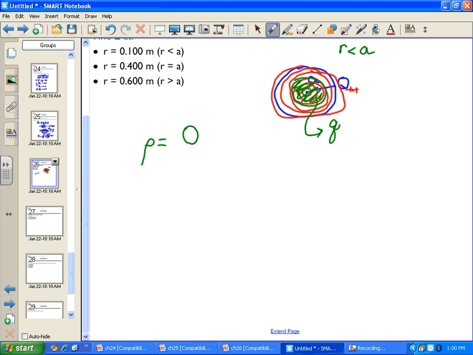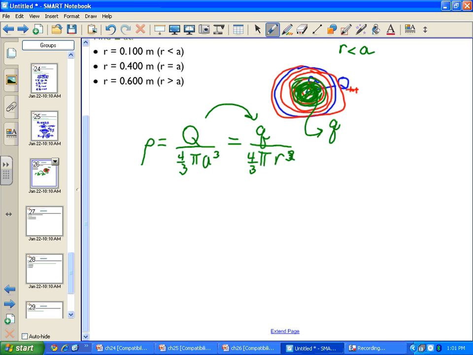What that means is that the ratio of the total charge over the total volume is constant. Well, if this is constant, that means that the total charge over the total volume equals a smaller quantity of charge over a smaller volume, in fact the volume of our Gaussian sphere. And so we can write little q, the q inside, over 4/3 pi r cubed, equals big Q over 4/3 pi a cubed.